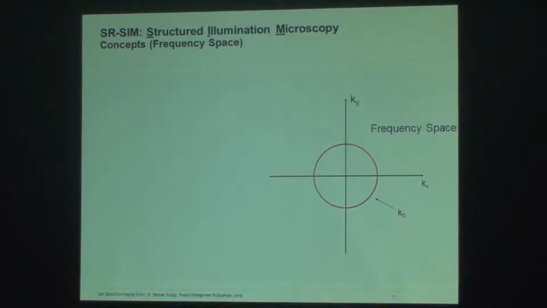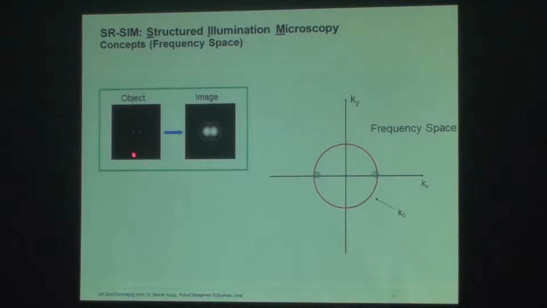And the information is calculated in the frequency space. So the circle you see here in the frequency space is the diffraction limit of a conventional light microscope, which is 250 nanometers. This is the area of information you normally collect.